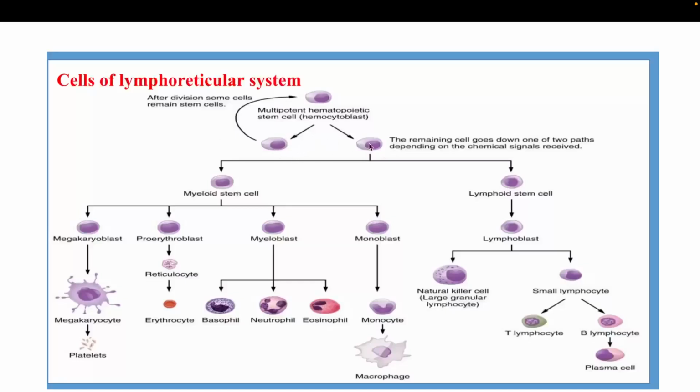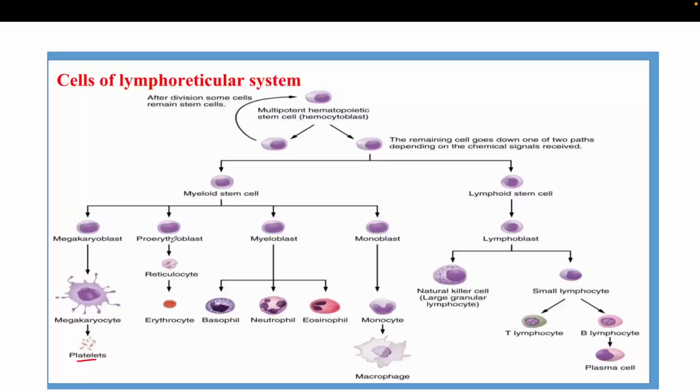Then, when it divides through the signal, it can create two types of cells. The first one is the myeloid stem cell and the other is the lymphoid stem cell. The myeloid stem cell produces megakaryoblast, proerythroblast, myeloblast and monoblast. From the megakaryoblast, indirectly, it will give you the platelets.